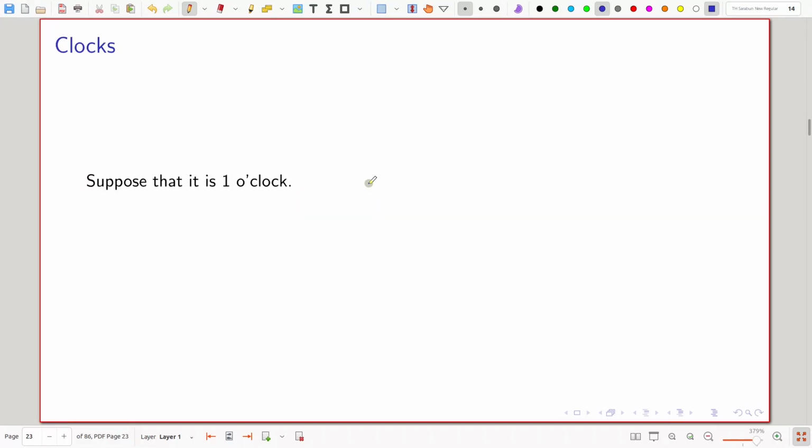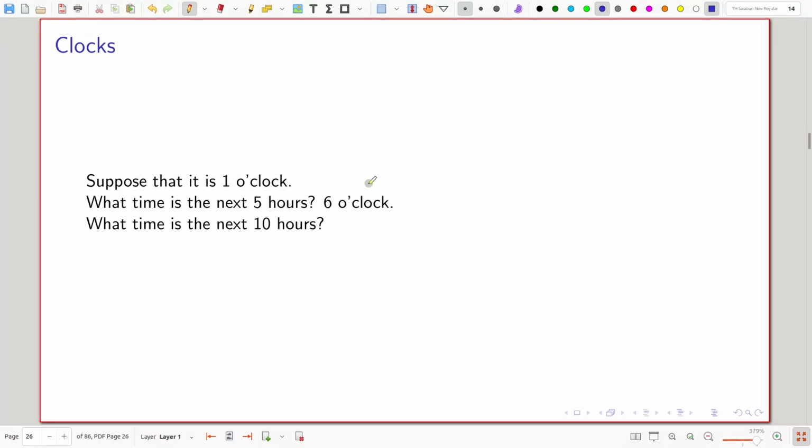You can also think about it as a clock. If it's 1 o'clock, what time is it 5 hours later? It's going to be 6 o'clock. How about 10 hours later? 11 o'clock. But 20 hours later, we come back to 9 o'clock.